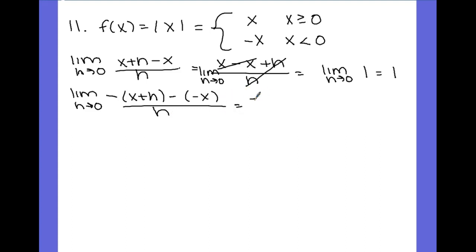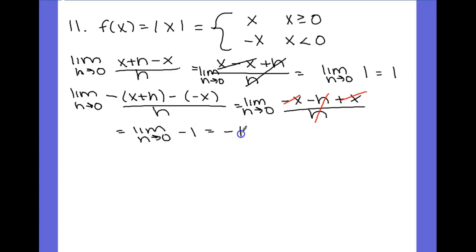The x's still cancel, the h's still cancel, but this time we get negative. So 1 doesn't equal negative 1.